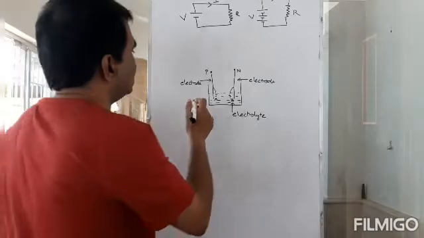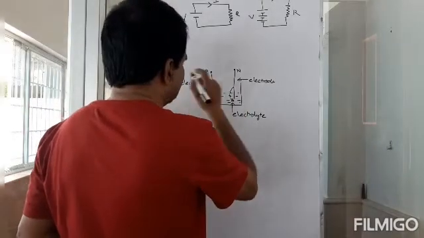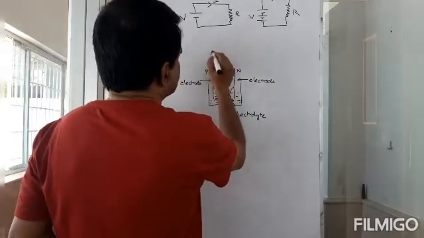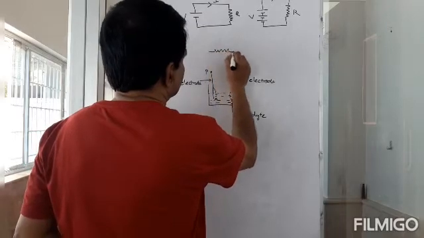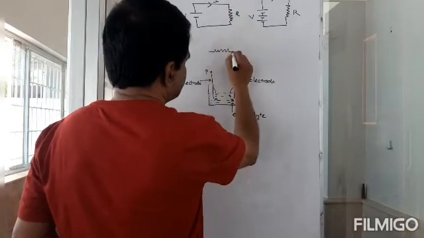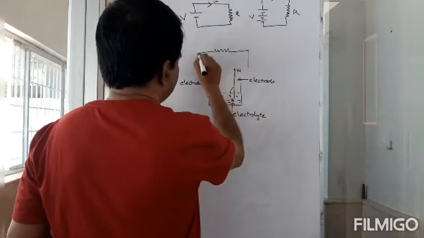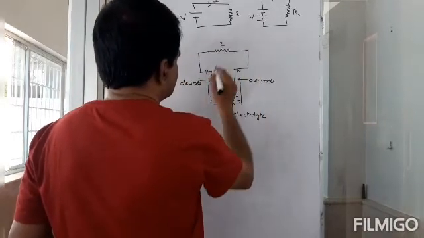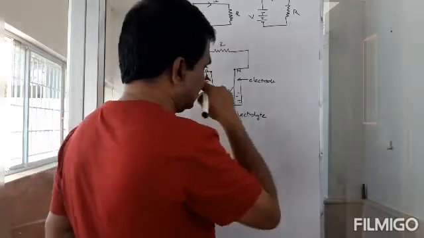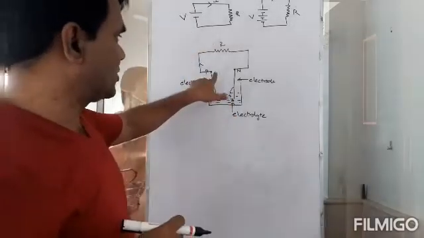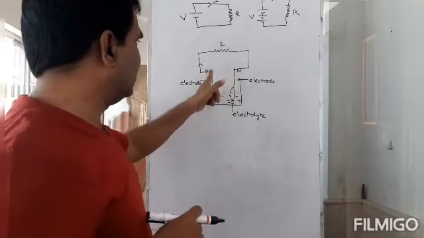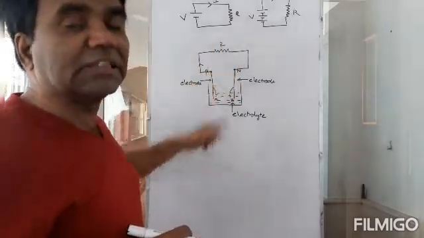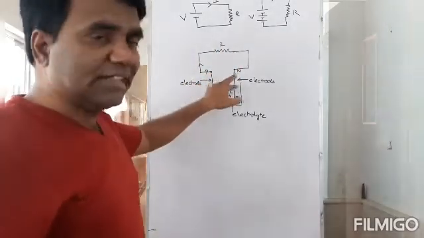Now, when I connect a resistance across this, like this, what happens now? Then a current will start flowing through that resistor, because you see, you have the positive potential here, negative potential here, and then you're providing a path for the current to flow from positive to negative.